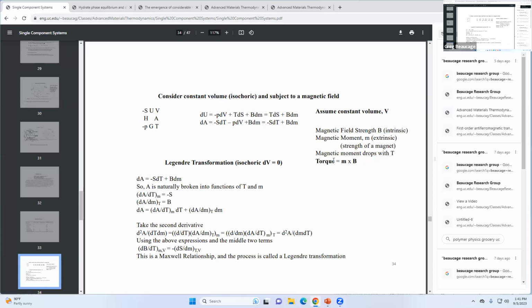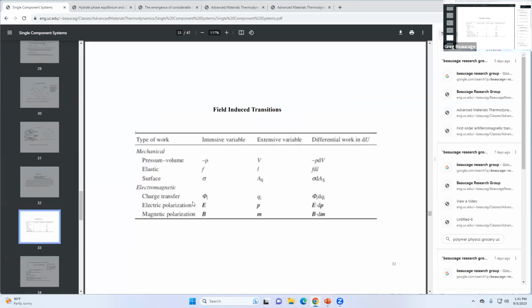And the M times B gives you energy, right? Just like here. So we had the terms that would go into the derivative of the free energy be like BdM or EdP, or the voltage versus the change in charge, PdV, right? So for a magnetic system, it's BdM, right?